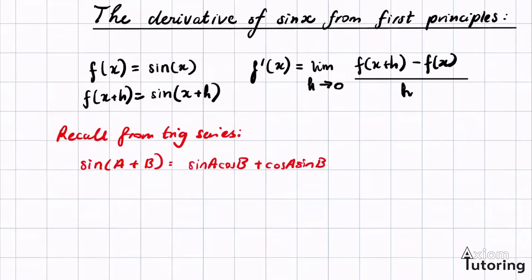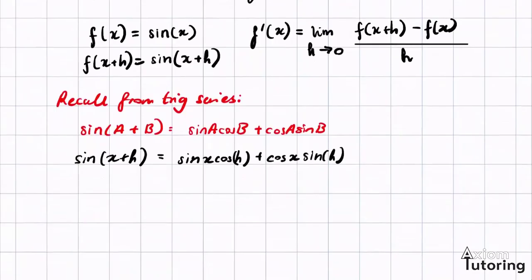So if you notice, sine of x plus h, now that's sine of a compound angle. So we can rewrite that using our compound angle formula for sine that we looked at in our trig series. So sine of x plus h is equal to, let's follow the format here, sine of x cos of h, put brackets around that so we don't think it's cosh, plus cos of x sine of h.